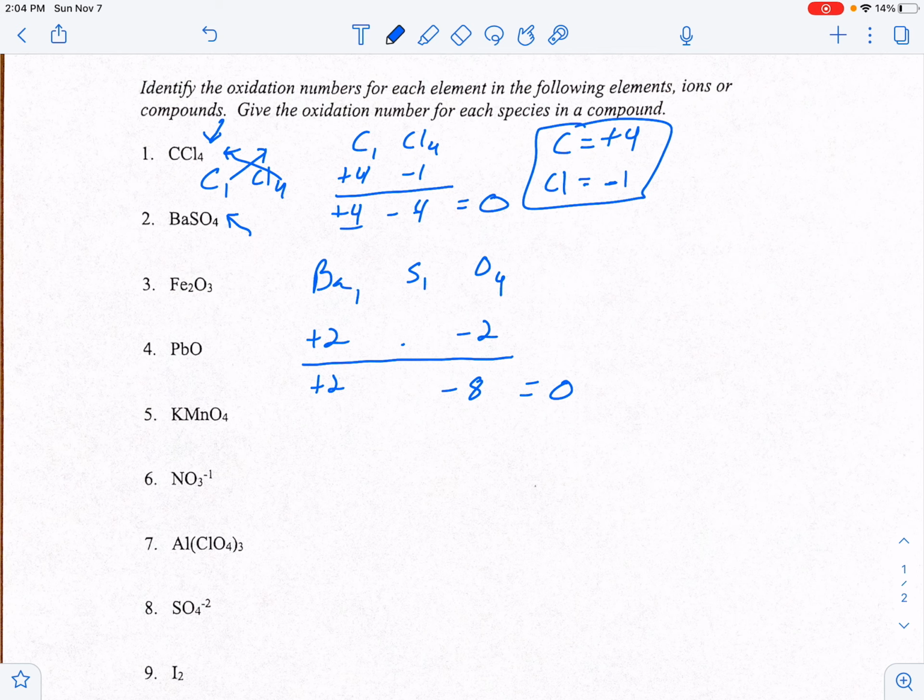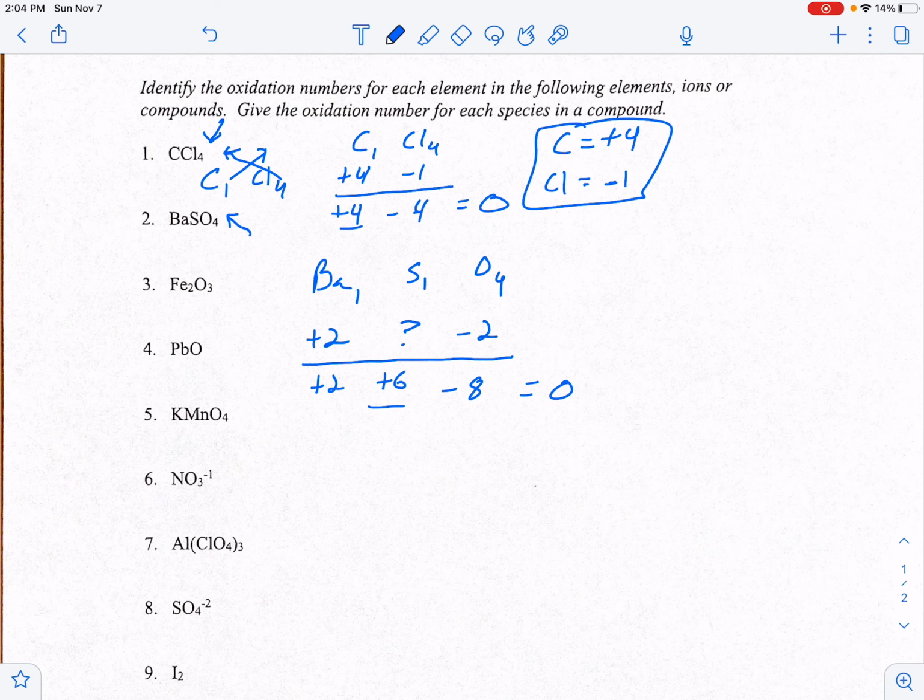Now I need to figure out the total charge of sulfur here. I know my total equals 0, so I need to figure out 2 plus what, minus 8 gives me 0. Hopefully you can figure that out: 2 plus 6 minus 8 would equal 0.